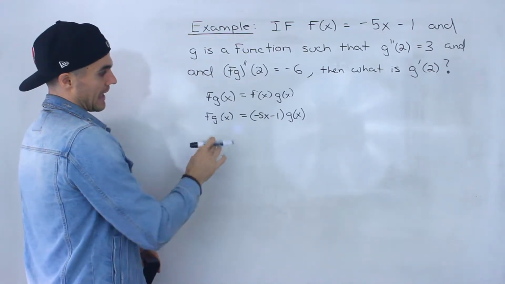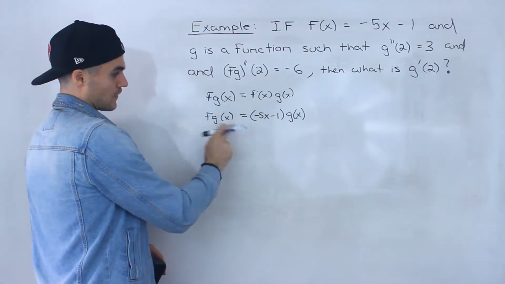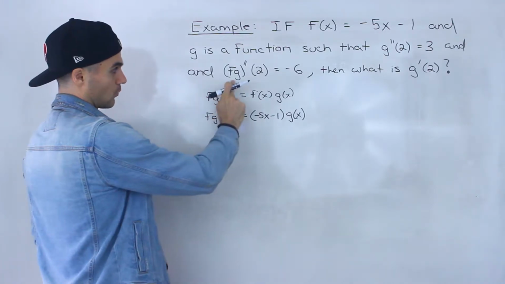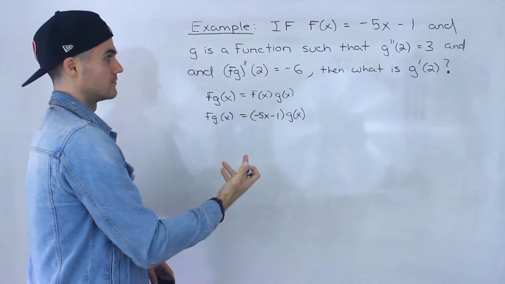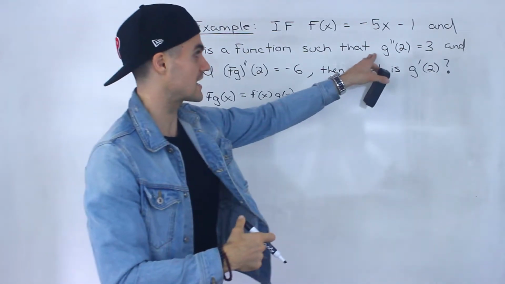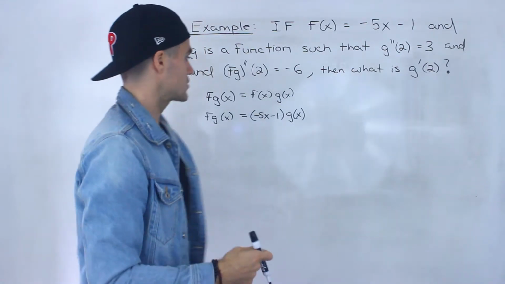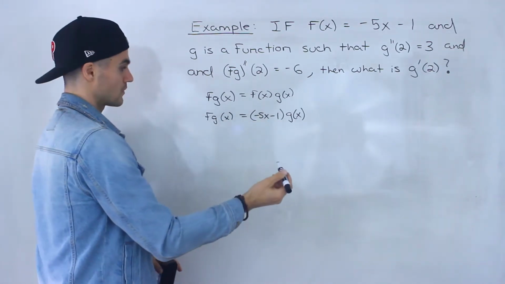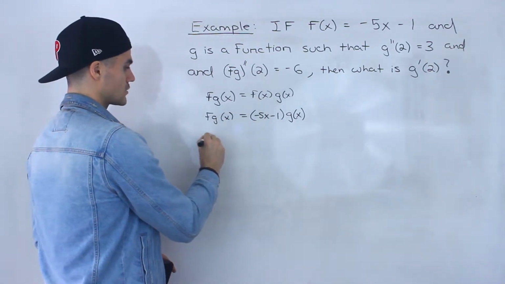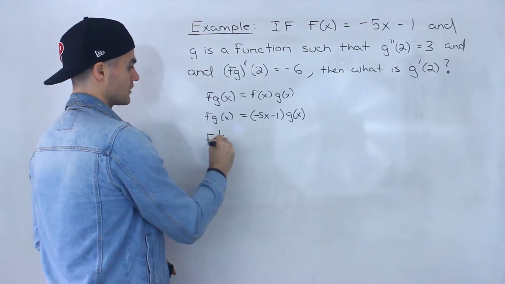Now, notice that for this function, fg of x, we're given the information about the second derivative of it. And we're also given information about the second derivative of g. So let's take this function here and find the second derivative of it. And before finding the second derivative, we got to find the first derivative.